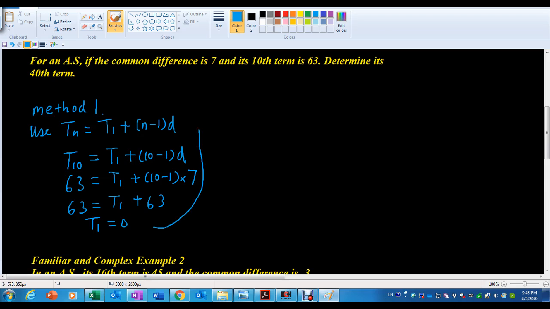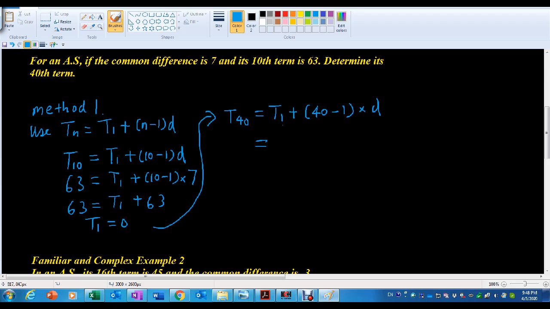So we got T1 equals 0. After you get T1 equals 0, how could we find the 40th term? T40 equals T1 plus (40 minus 1) times d, right?